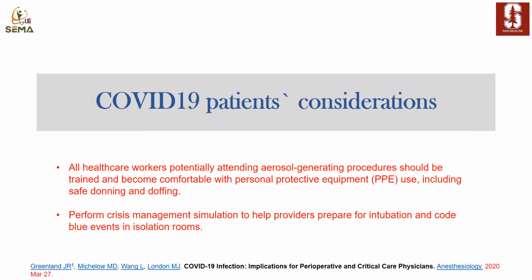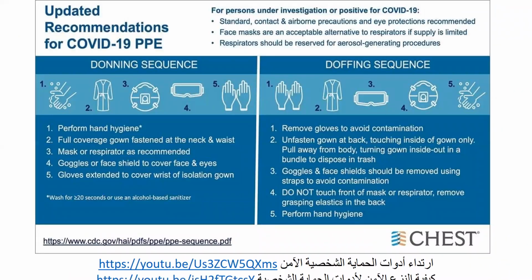Okay, I will finish this talk by briefly talking about the COVID-19 patient. The key for this patient is properly wearing your PPE. So it's very important to know how you do the donning and the doffing and in which sequence.